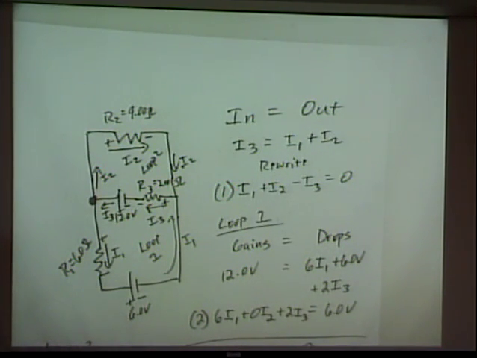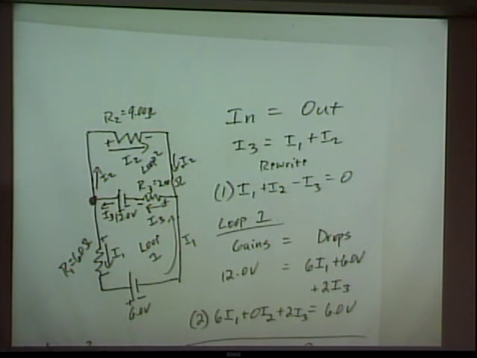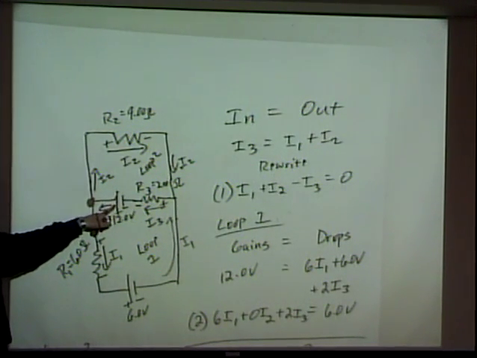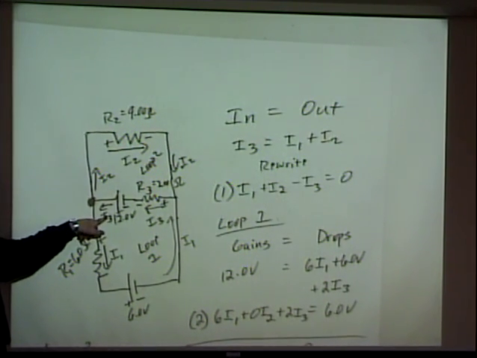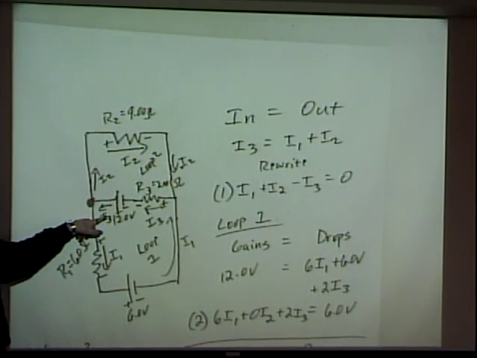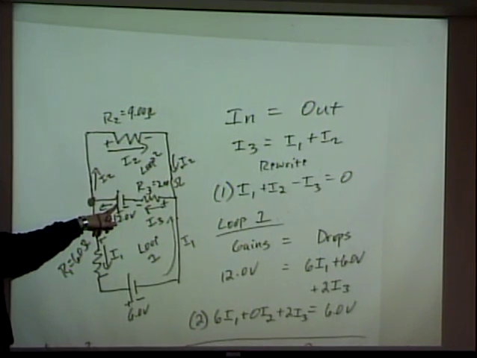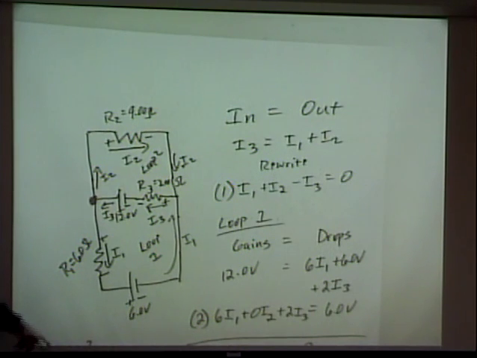So the power that this guy is giving up, this 12 volts times 1.5, what's 12 times 1.5? IV gives me what? Power is measured in what? Watts. So that'd be 18 watts, okay? However, this guy is getting, what current is going through?